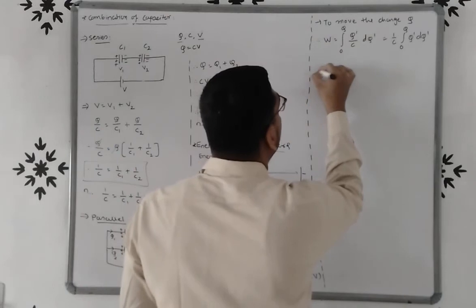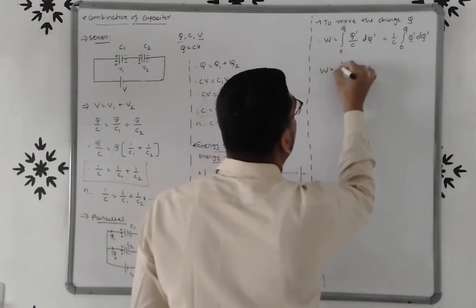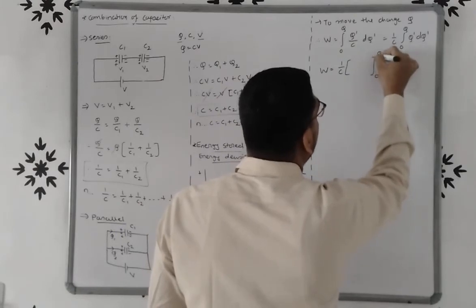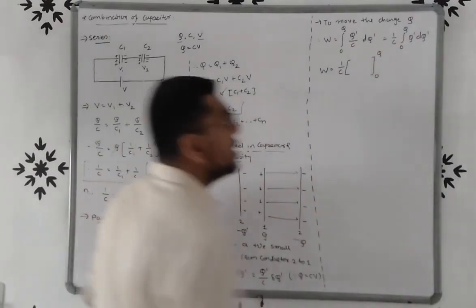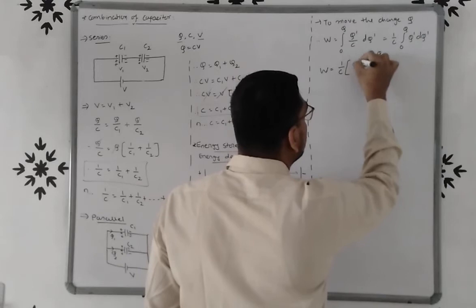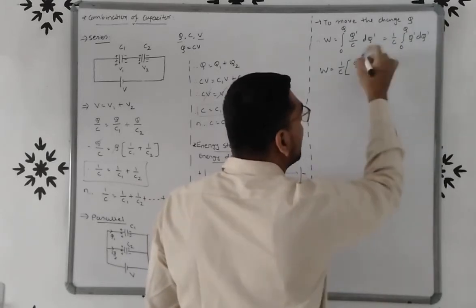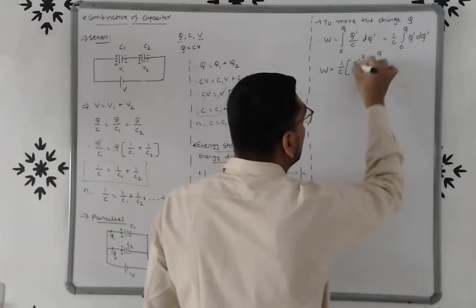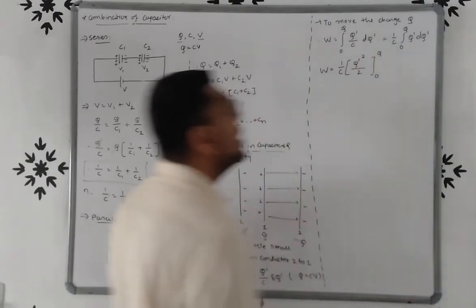So here W is equal to 1 by C into bracket, lower limit 0, upper limit Q. Here the power is 1, so 1 plus 1 is 2 upon 2, right?